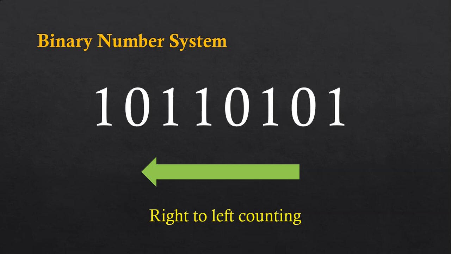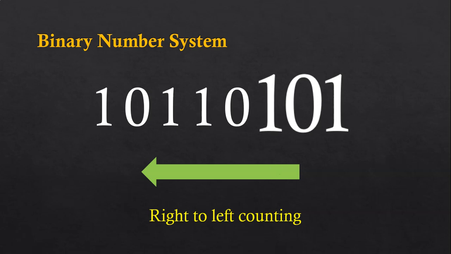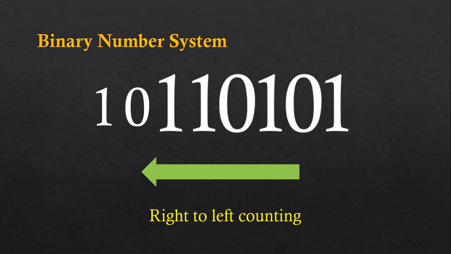Remember, this is LSB and this is second LSB, because we are going from right to left. So this is LSB, then second LSB, third LSB, fourth LSB, fifth LSB, sixth LSB, seventh LSB, and finally MSB.